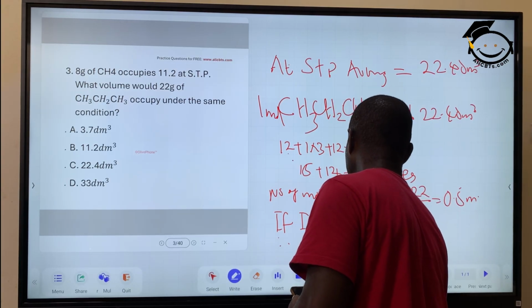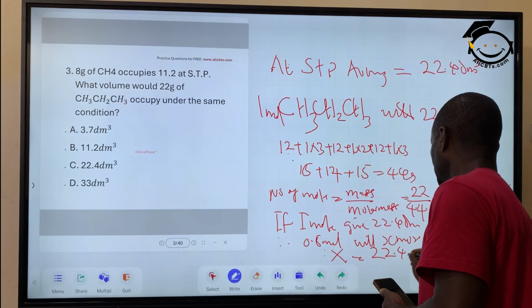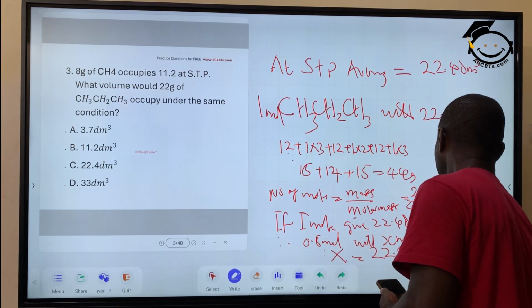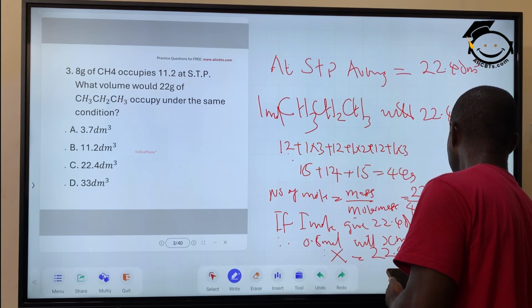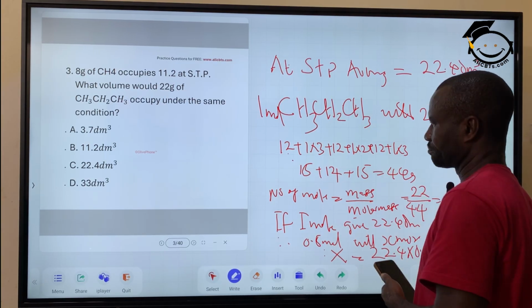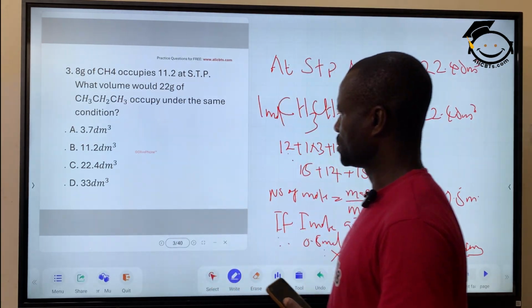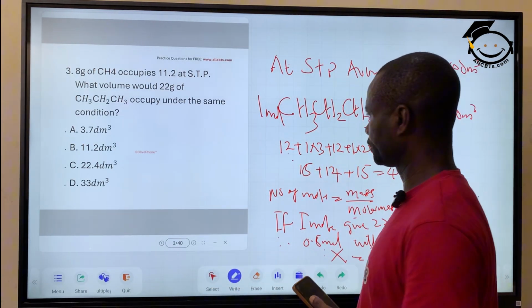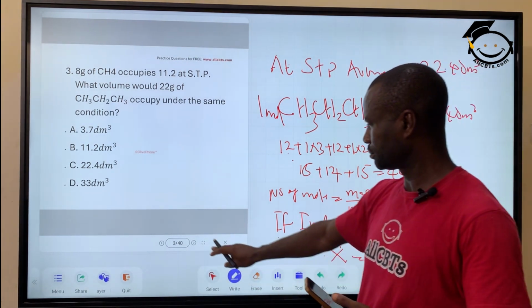Therefore x will be 22.4 times 0.5, which gives us 11.2 dm3. So the correct answer is B, 11.2 dm3, under the same condition. All right, that's our answer.